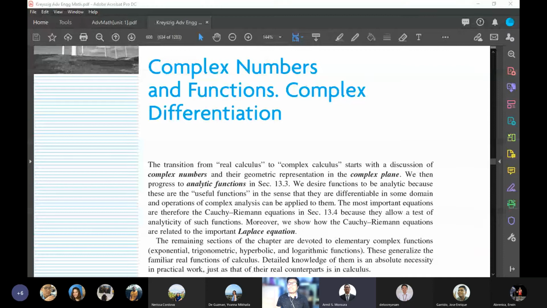Okay, so let's start with complex numbers and functions. Pero basically, what we will cover in this material is complex numbers and functions lang. But we will not be actually covering complex differentiation. Okay?